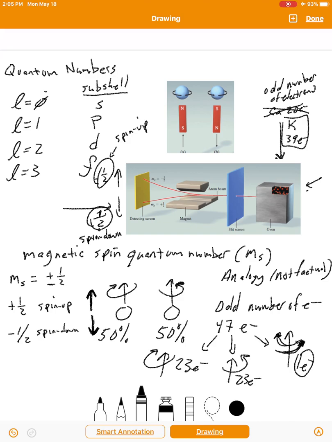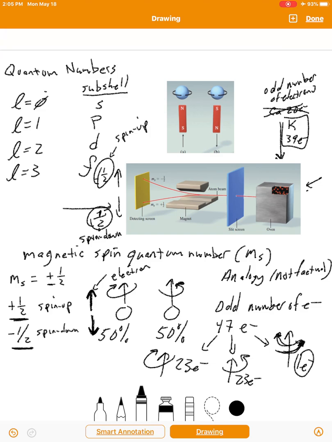We'll use this notation of the arrow for the electron. So this arrow represents the electron. And we're not using a little ball to represent them here. We're using an arrow to represent them. So if the arrow points up, it's a spin up. If the arrow points down, it's a spin down electron, which tells us the magnetic spin quantum number of the electron that we're looking at.